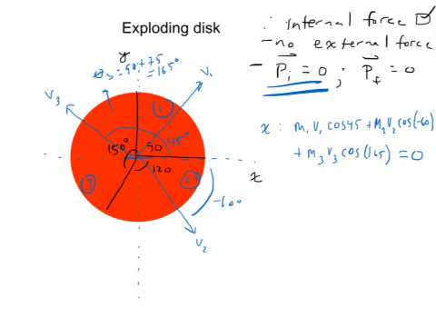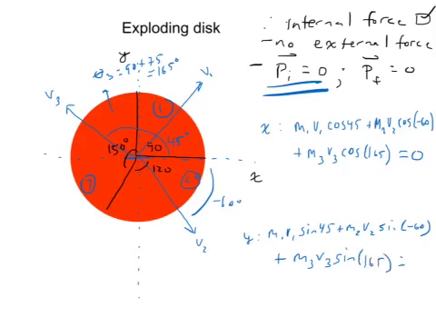And similarly in the y direction, we're going to get m1 v1 sine of 45 plus m2 v2 sine of negative 60 plus m3 v3 sine of 165 also must equal 0.